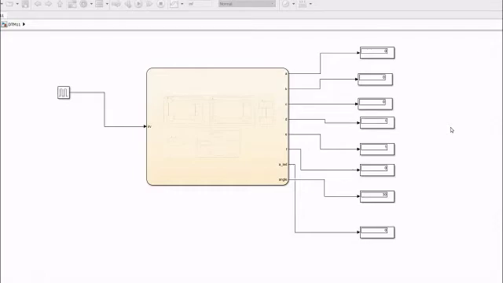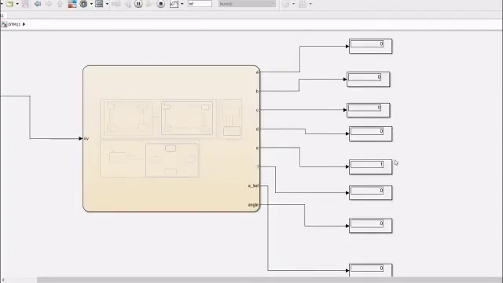Running the Simulink model, A, B, C, D, E, F, and A LED and angle are named as the output data of the display. So when I run this, as you can see, we are getting this type of output.